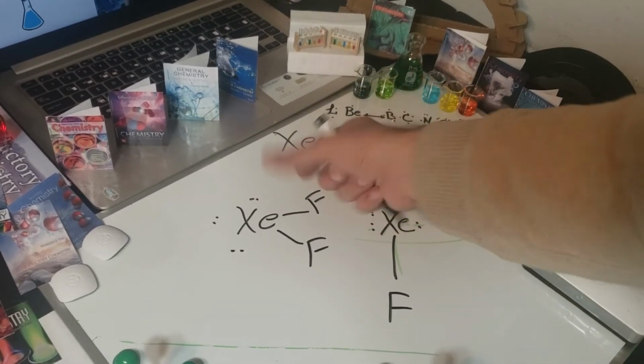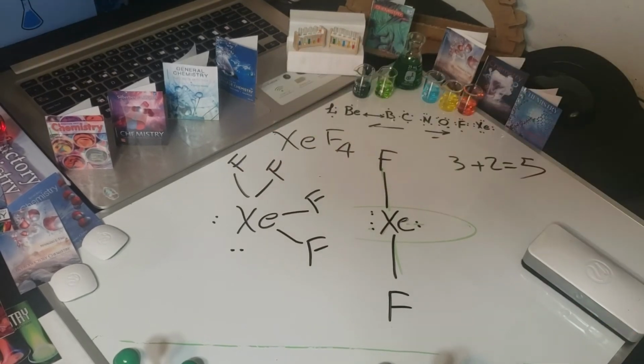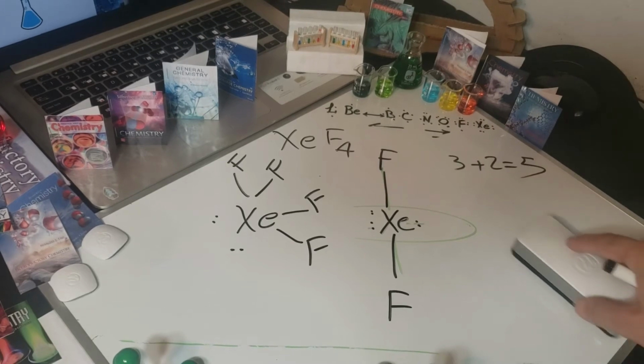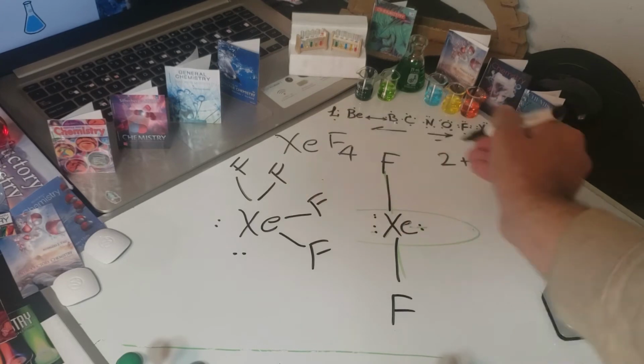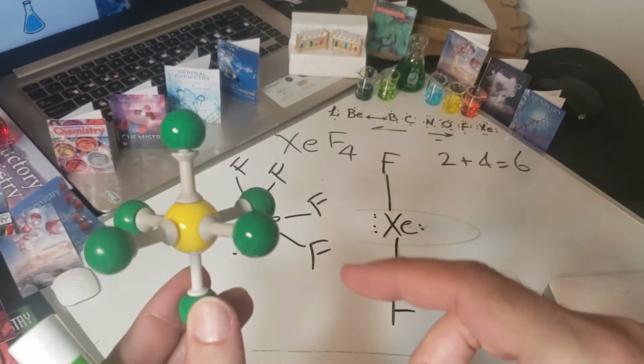It's not even XeF4, so I have to attack 1 more. Now I have 4 of those fluorines, and I could say, okay, now I have 2 lone pairs around my central atom and 4 fluorines. It gives me 6. Now it's octahedral geometry with 2 lone pairs.